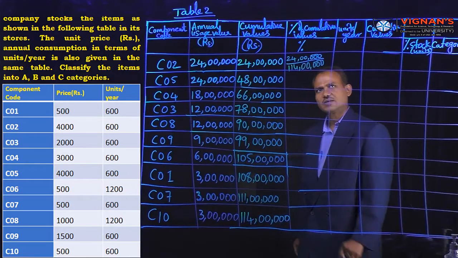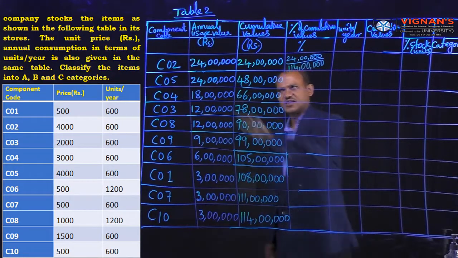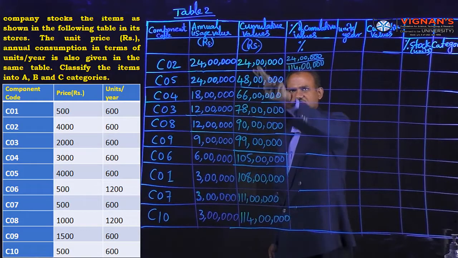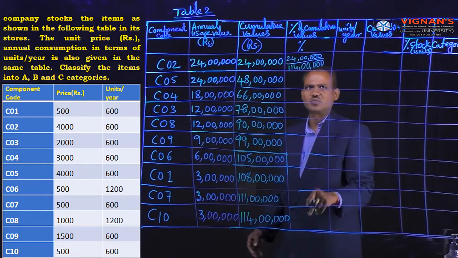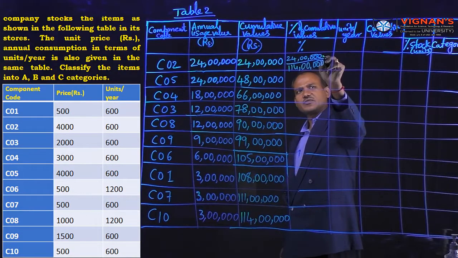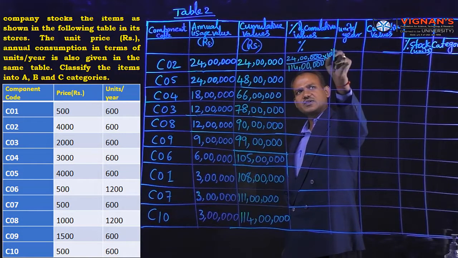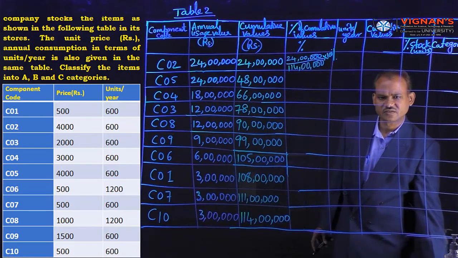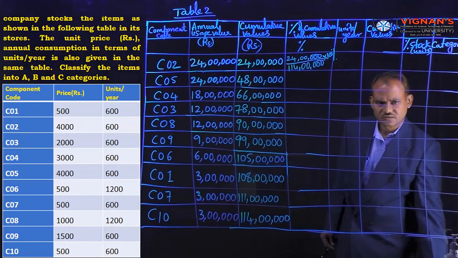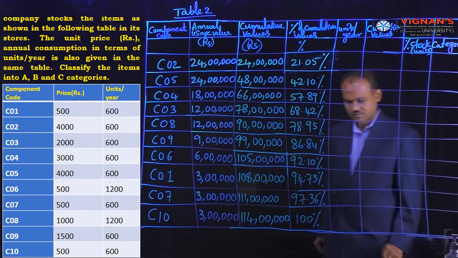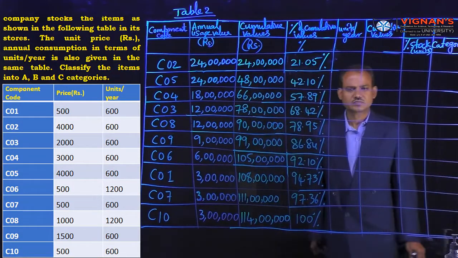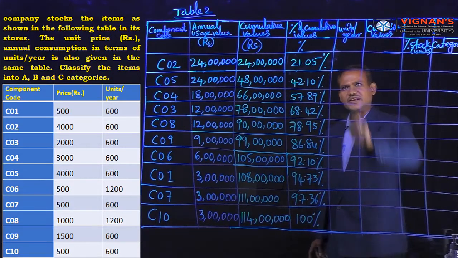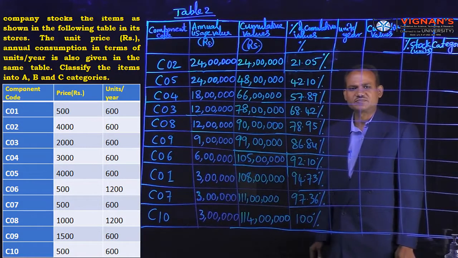Okay, percentage of cumulative values means for C02 component, 24 lakh divided by 114 lakh, that is 24 by 114. We also represent it in percentage, multiplying by 100. So this is the fourth column related to percentage of cumulative values.